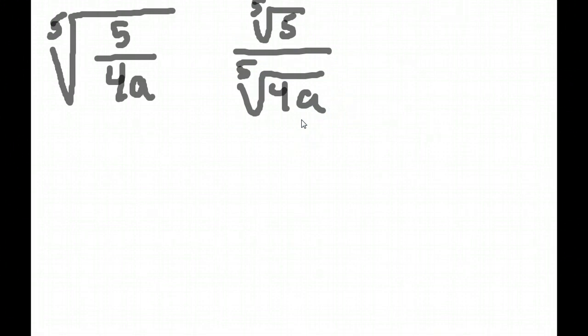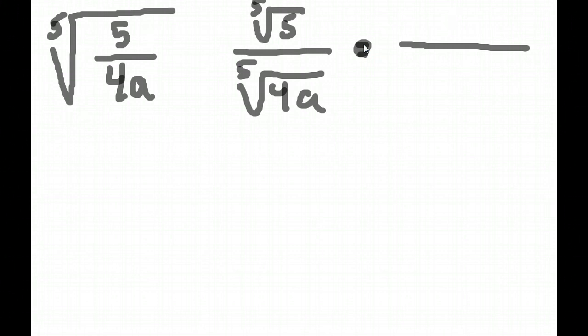So now we need to rationalize our denominator. We can't leave this fifth root of 4a, and there's no real fifth root of 4a. So what we do is rationalize it. To do that, we multiply our numerator and denominator by something that would give us fifth roots.